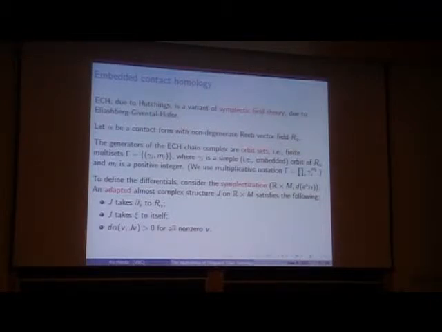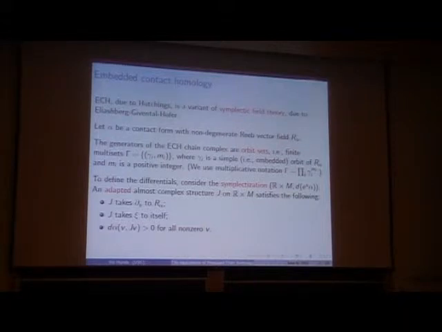It's some sort of technical condition on the orbits being isolated. If you look at the derivative of the first return map of each orbit, then you don't have one as an eigenvalue. So you basically don't have something going around and coming back to the same spot.